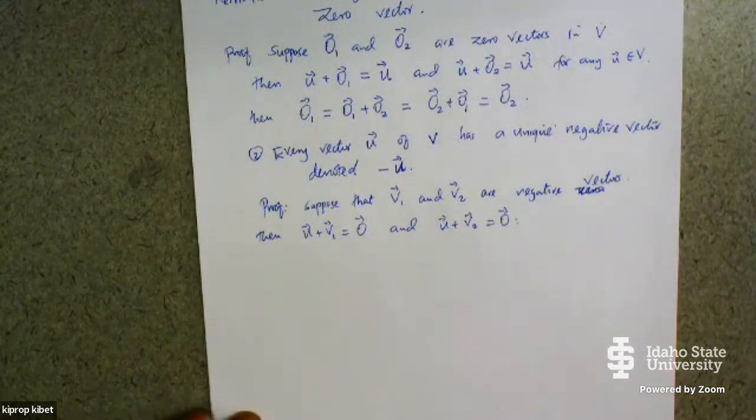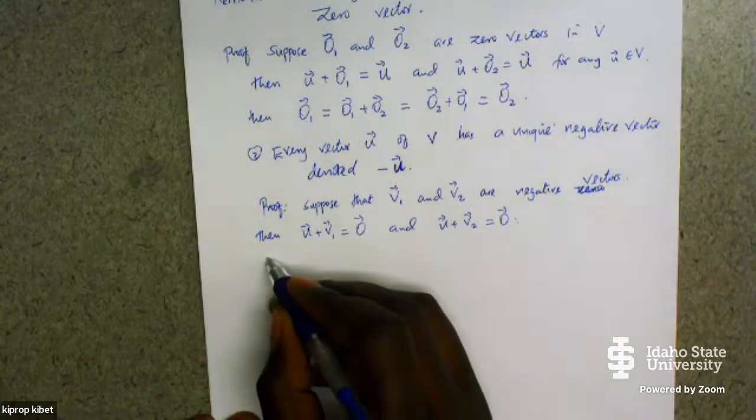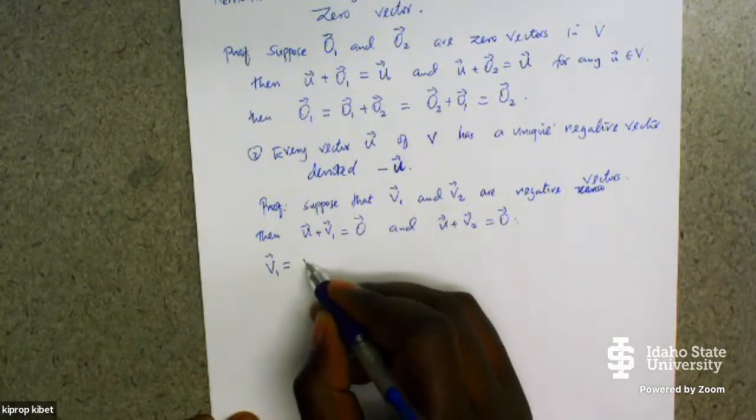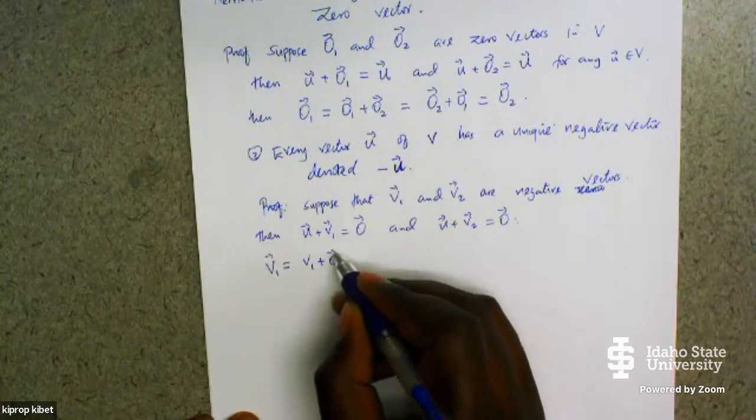Then v1 is the same as v1 plus the 0 vector.